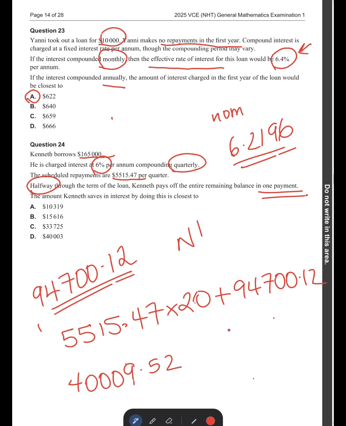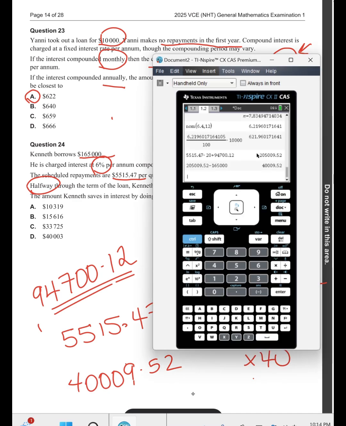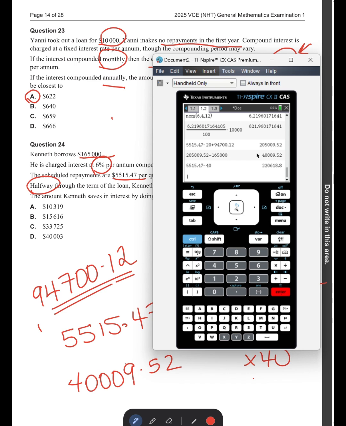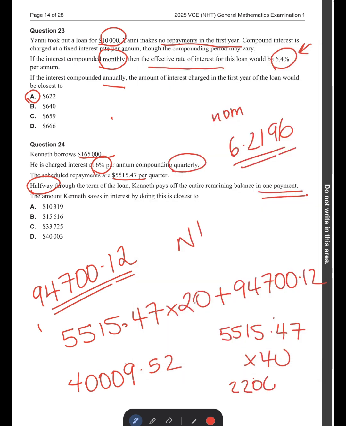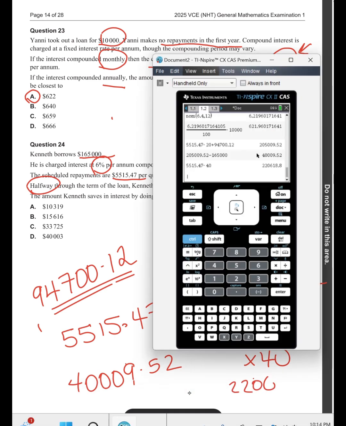Alternatively, he would have paid 5515.47 times 40. So he would have done that 40 times. 5515.47 times 40 is going to give 2206. I don't really need to write that.